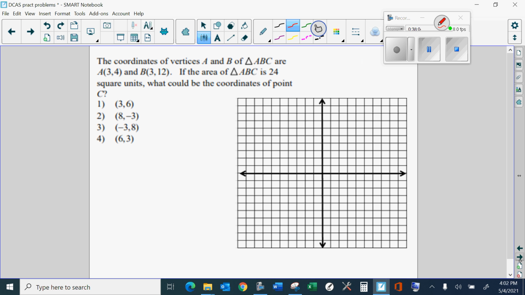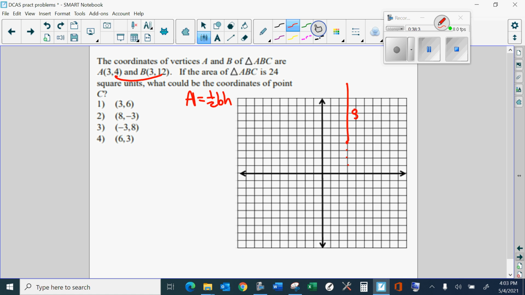Coordinates of the vertices A and B of triangle ABC are given. If the area of triangle ABC is 24 square units, what could be the coordinates of point C? So we know that area equals 1/2 base times the height. Okay, so 3, 4 to 3, 12, that's a vertical line. So from 4 to 12 is a total of 8.